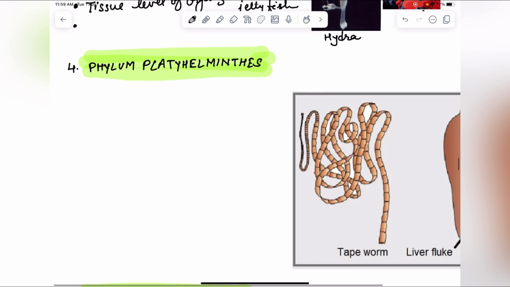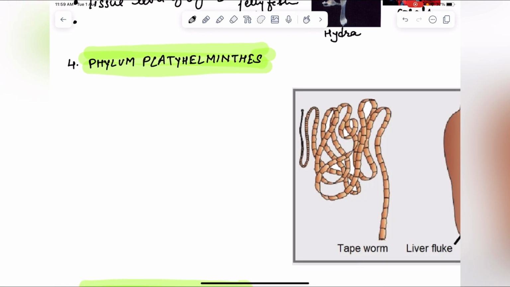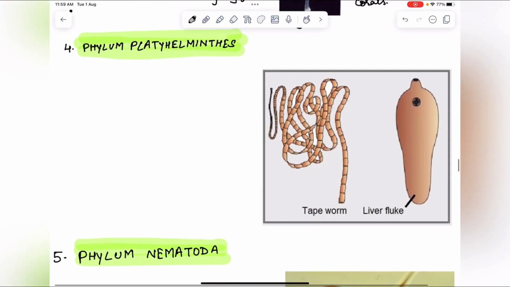Next is phylum Platyhelminthes. They are mostly parasitic animals. Parasitic animals means they are dependent on other organisms for their food. Example is liver fluke, a parasitic animal.